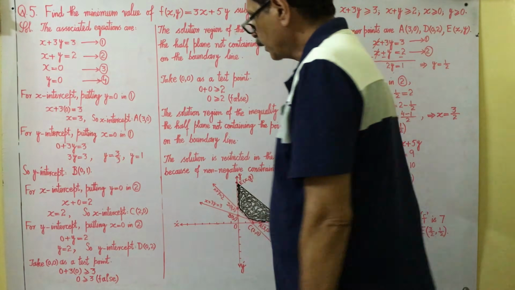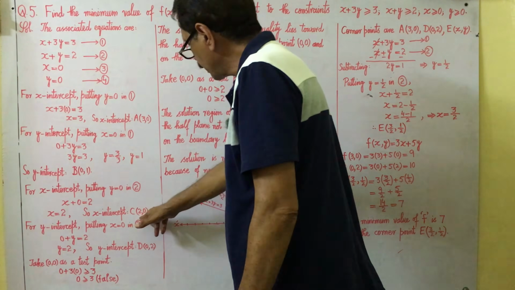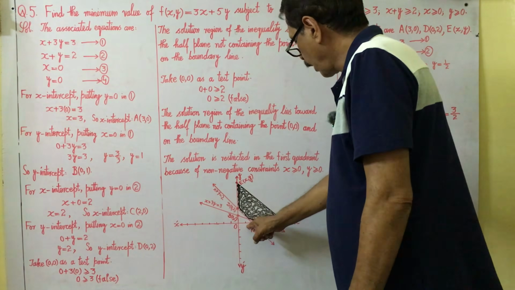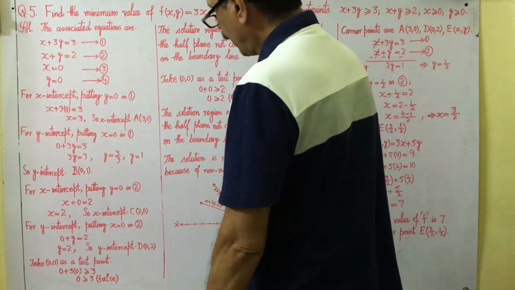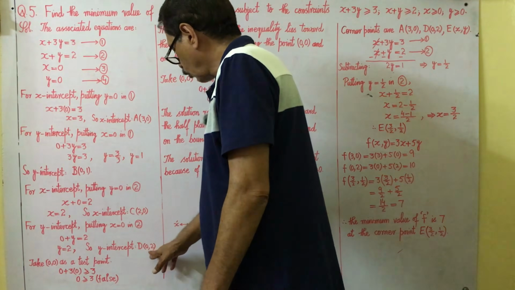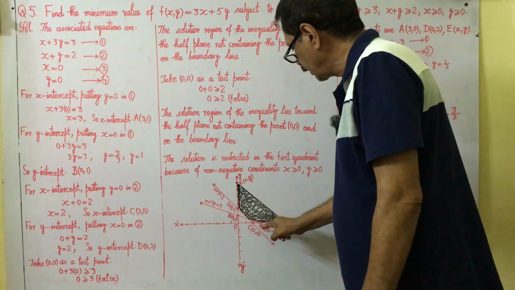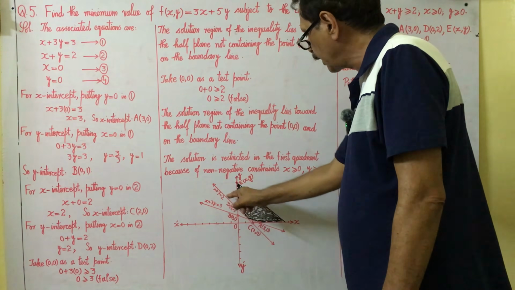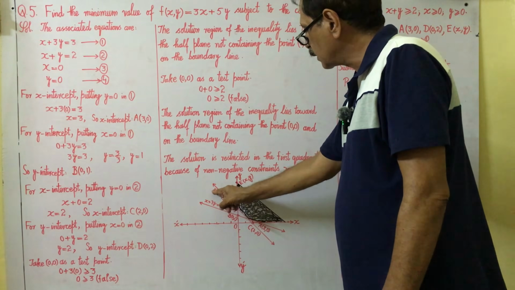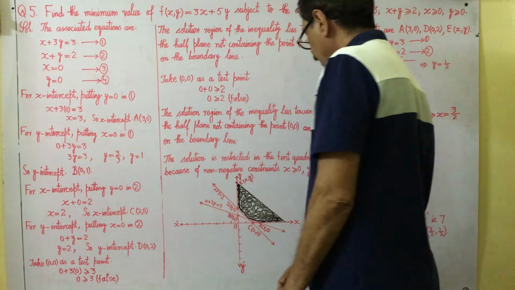Now we find point C, which has coordinates (2, 0): 1, 2, 2, 0. This is point C. And point D, which has coordinates (0, 2). This is D. Pass a line with the help of a foot ruler through points C and D. This is the line of equation x + y = 2.